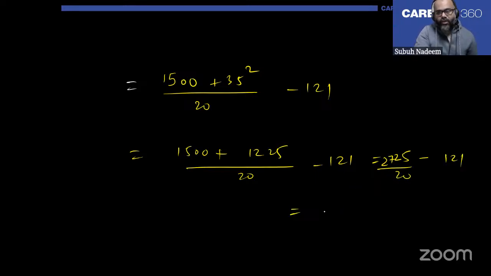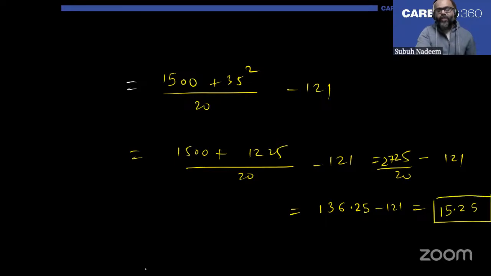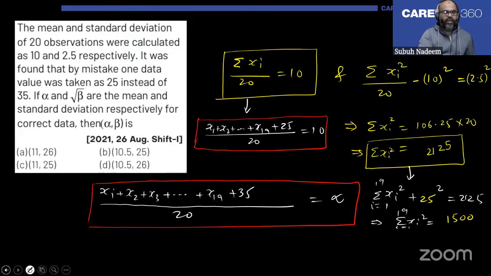It is coming out to be 15.25. So if we talk about the variance, it is 15.25.